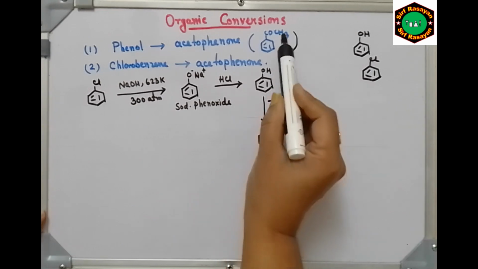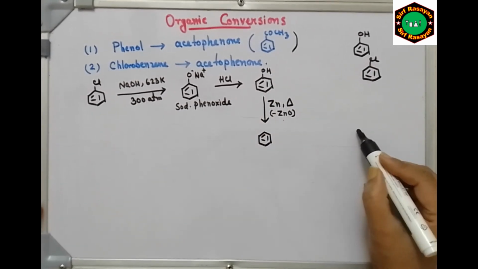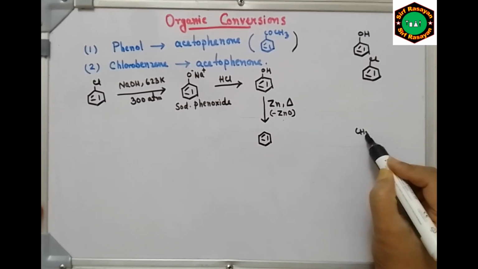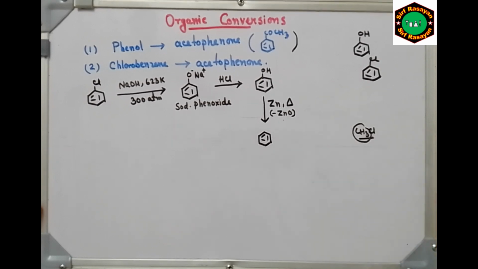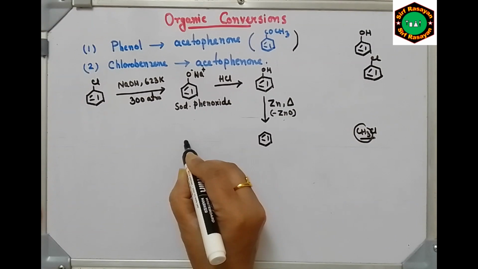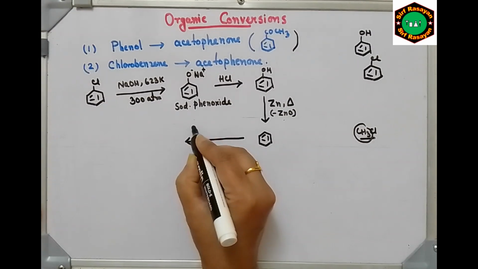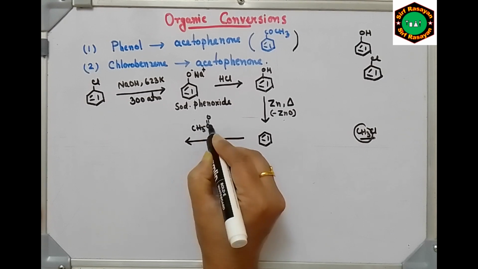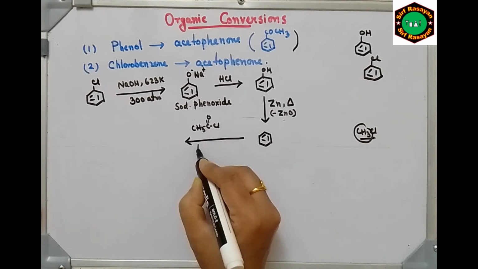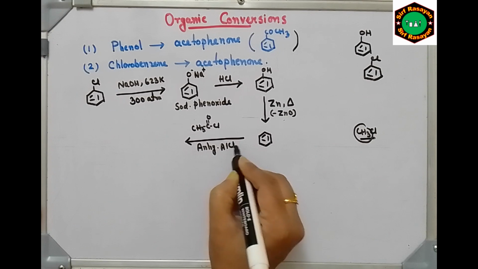Now, we have to insert two carbon atoms. If we are doing Friedel-Crafts alkylation with CH3Cl, anhydrous aluminium chloride, only CH3 group will be inserted here. But we need CH3CO. So what we have to do? We have to do Friedel-Crafts acylation with acyl chloride CH3COCl and anhydrous aluminium chloride.